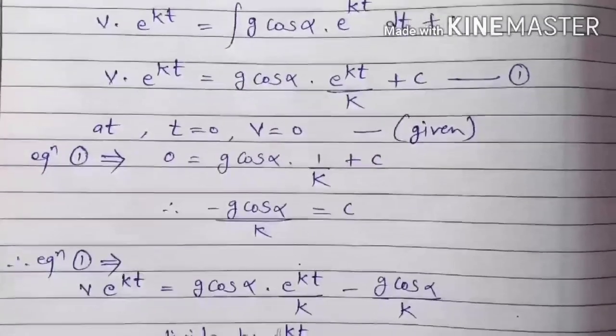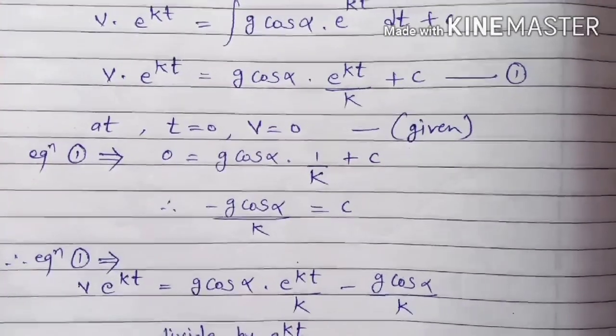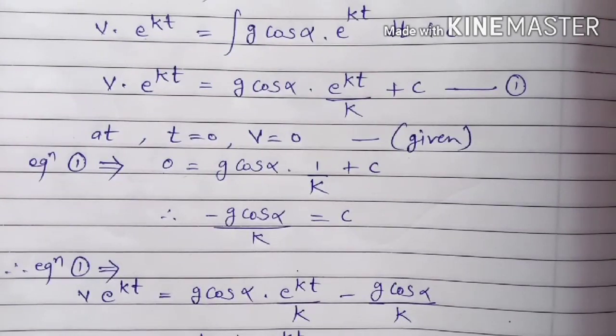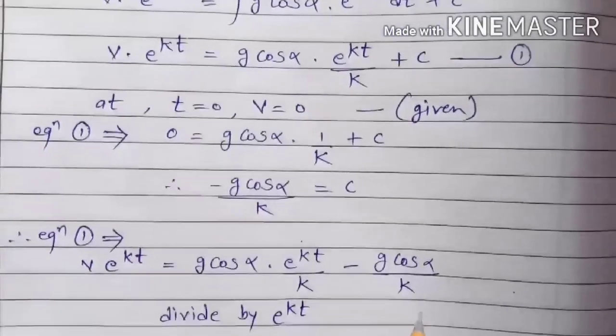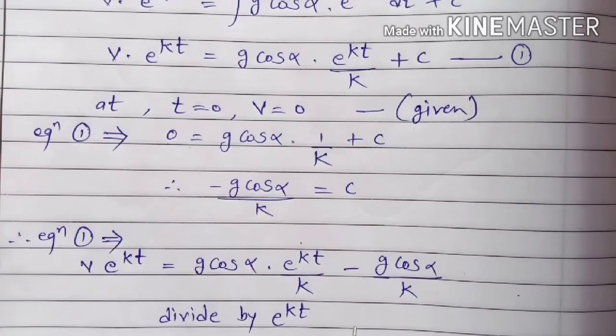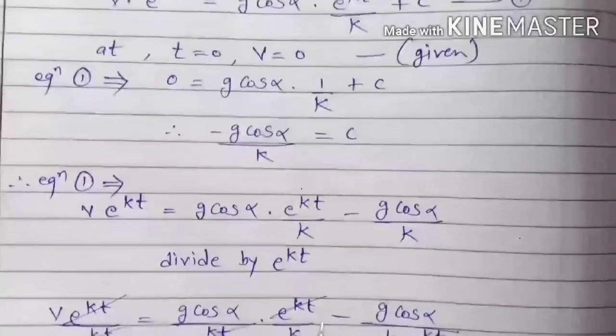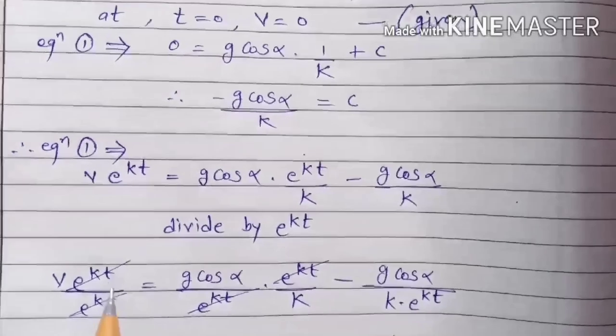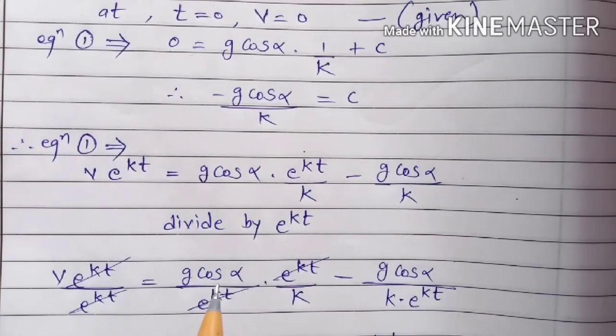Now we put this value of c in equation 1. So the final equation is v e raised to kt equal to g cos alpha into e raised to kt upon k, minus g cos alpha upon k. Now we divide this equation by e raised to kt. First we divide the left side, then g cos alpha e raised to kt upon e raised to kt minus g cos alpha upon k divided by e raised to kt.